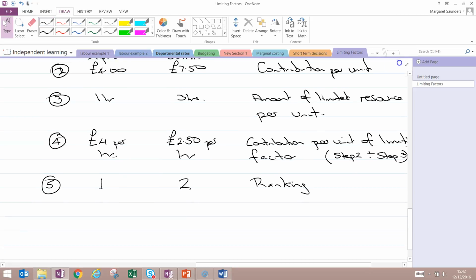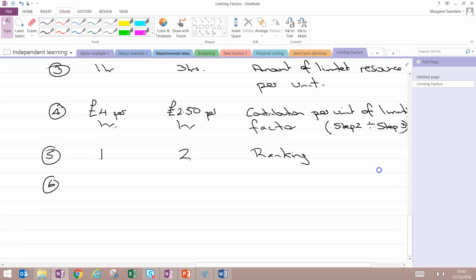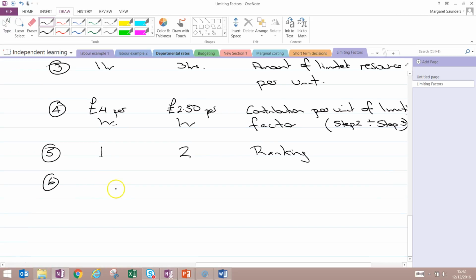And finally, step 6 is to work out our actual production plan. So how many of each product are we going to produce? So it's worth doing this calculation in a small table. So for step 6, we've got our products.